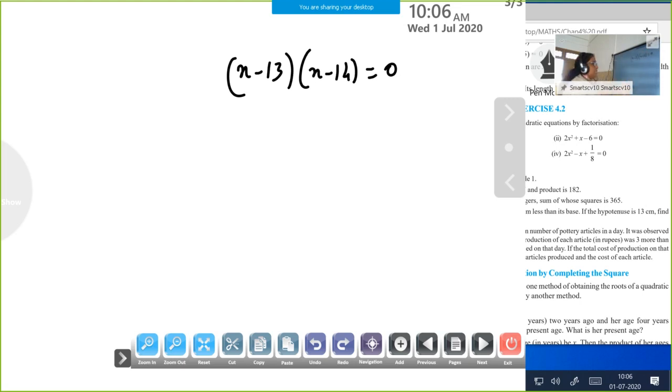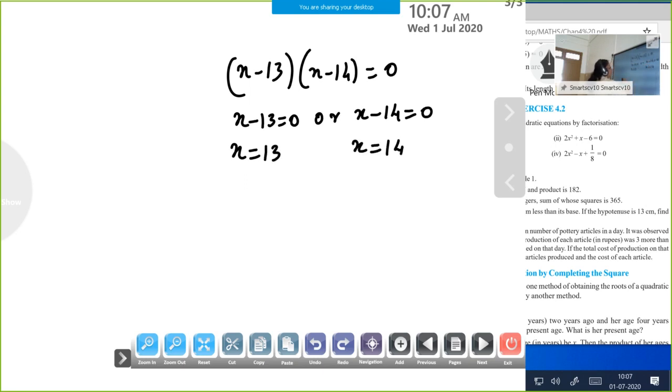That means either x minus 13 is equal to 0 or x minus 14 is equal to 0 or both. That is x is equal to 13, x is equal to 14.